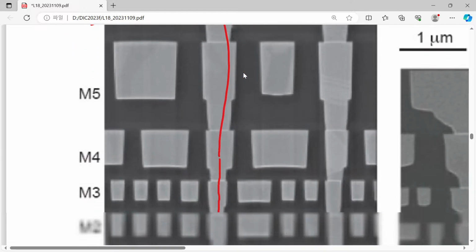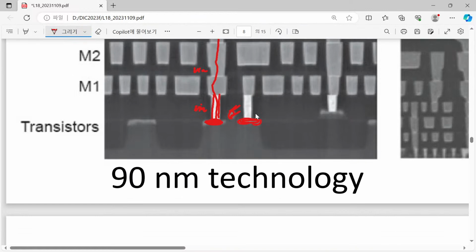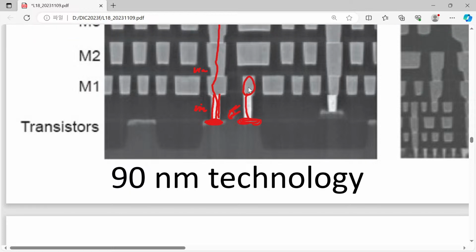On the other hand, for example, let's have a look at this one. What will happen? This one goes and ends here. Actually, although not shown in this two-dimensional cut, this metal one line is running vertically into our computer screen or TV screen.